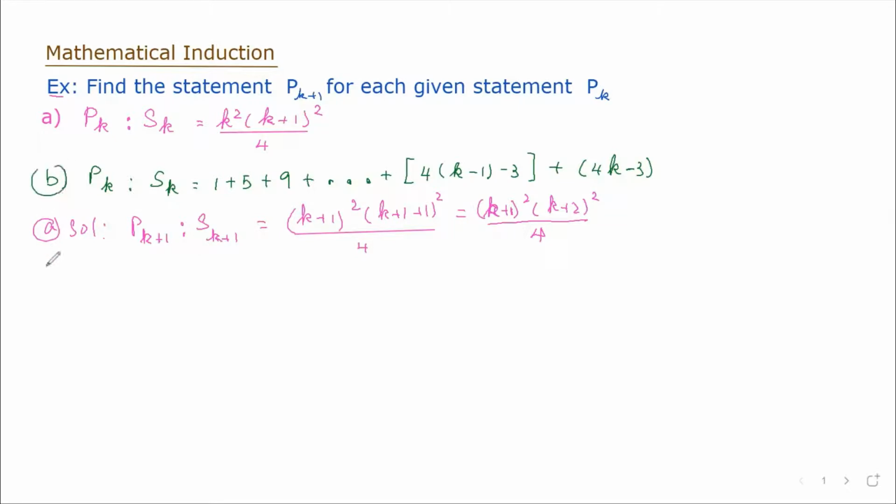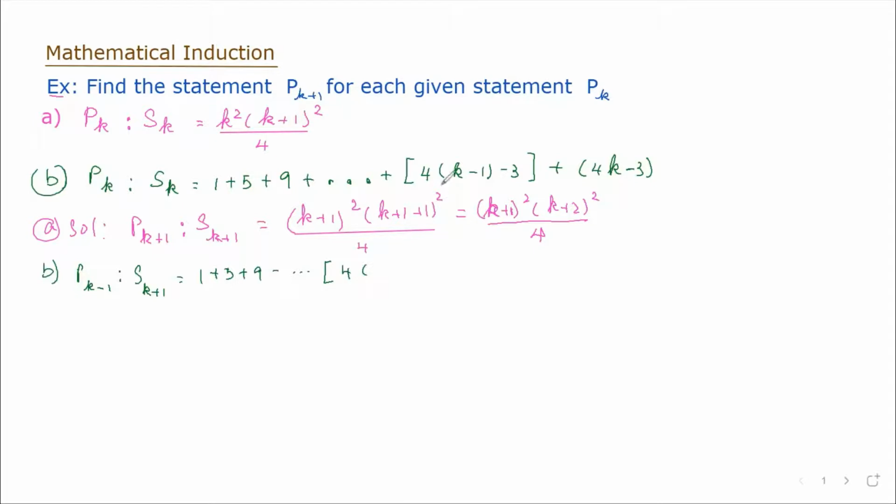Question B, do the same way: replace k with subscript k plus 1. So S means the sum up to k plus 1. B equals 1 plus 5 plus 9 and so on, right? And then from this one, 4, right?